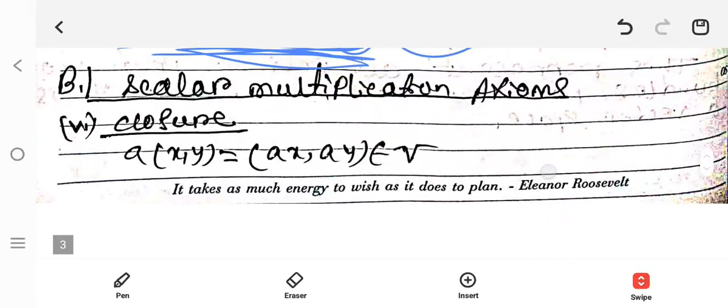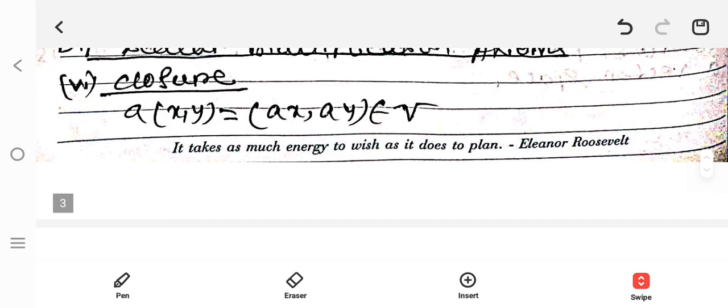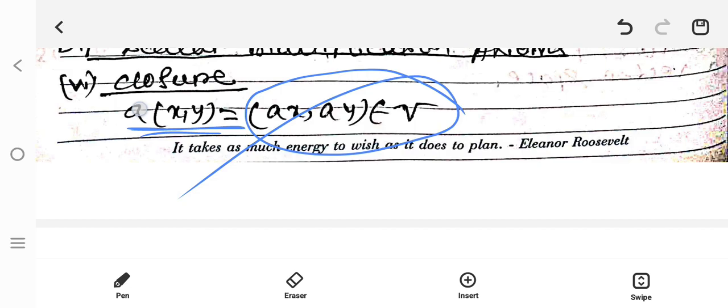So number one is the closure property: a multiplied with (x, y) gives us (ax, ay), which also belongs to set V. That means scaling the production increases or decreases our output in set V, right?